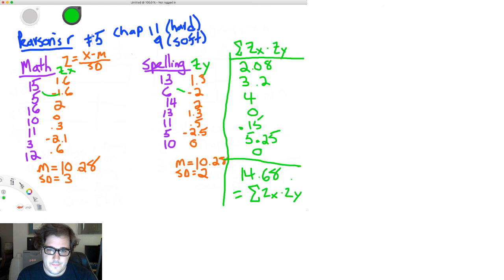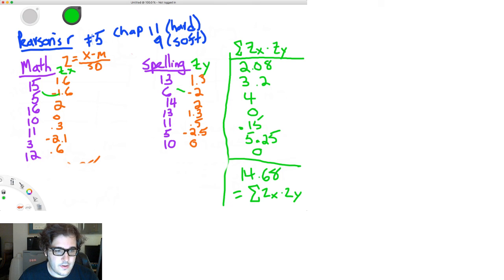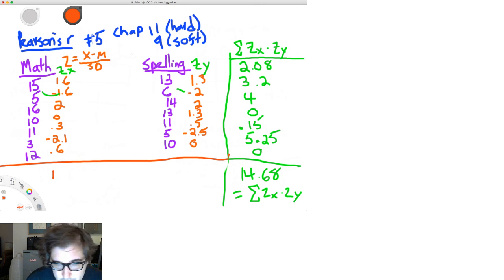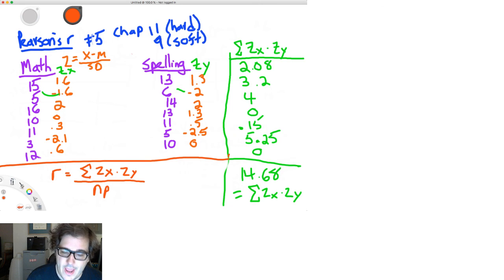Okay, so now we can calculate R. So give me some space down here. Go into a different color because it's a different step. Okay. So R, or your Pearson's correlation, equals the sum of zx times zy divided by NP, which is the number of pairs you have.